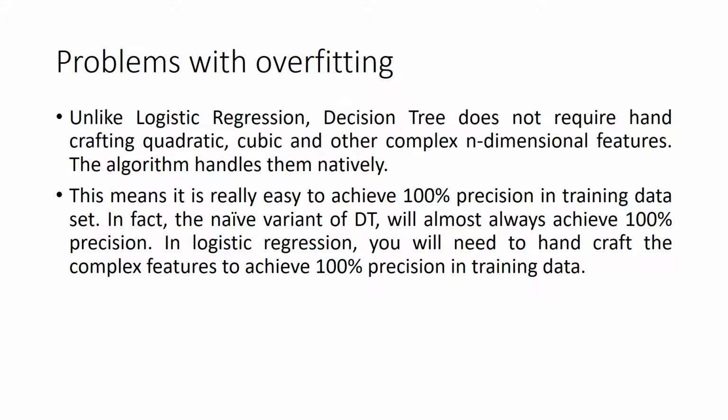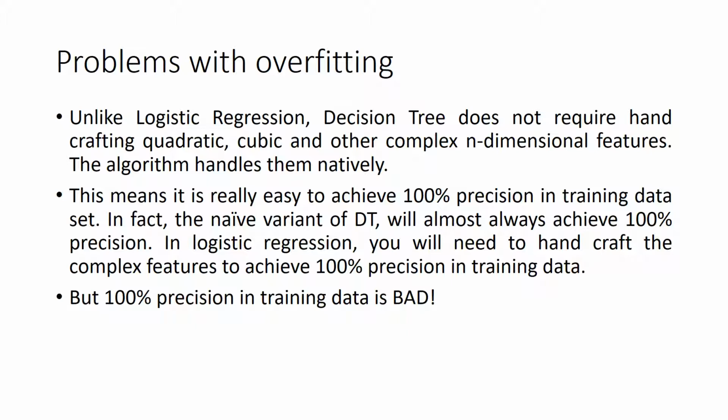And we have already seen why 100% is actually very bad. 100% precision in training data is very bad because it means you have overfitted. It means you have lost the generalization. So you have to be extra cautious with decision trees.